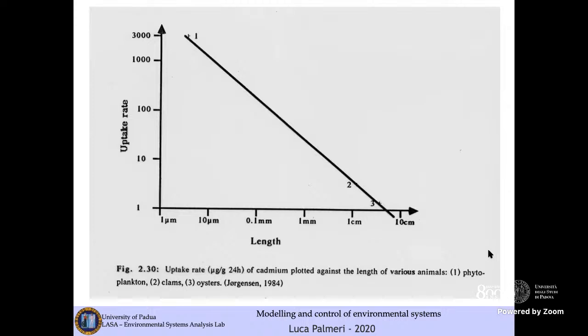Here again, we go from phytoplankton to clams to oysters, so very different animals, but again, in a log plot, you find that the values are found on a line, and being able to identify these lines allows you, by measuring the size of the animals, to have a first guess or first estimate of what the uptake rate of cadmium of this animal may be.